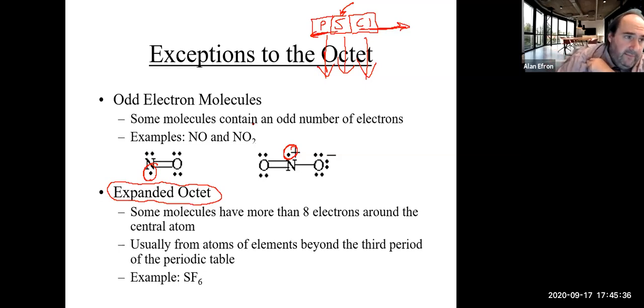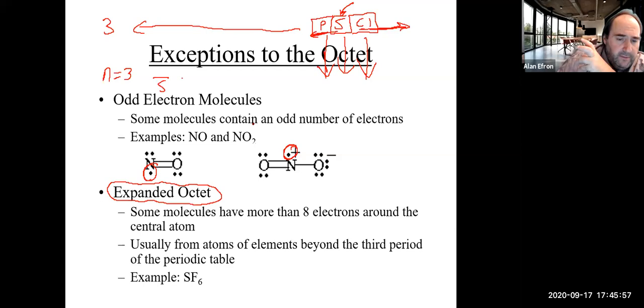And the reason they have the ability to do that is if you look at what period those guys are on, that is the 3rd period of the periodic table. And on the 3rd period, that means n is equal to 3. And if you think about the orbitals that are there, when n equals 3, we have s orbitals, we have p orbitals, and on that 3rd energy level, that is where we first start to see our good friend, the d orbitals, first appear.